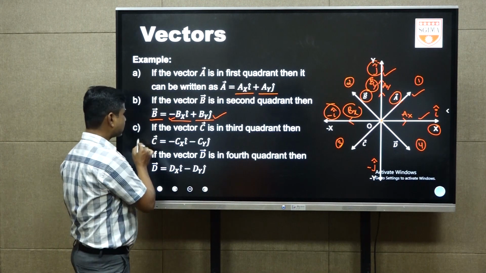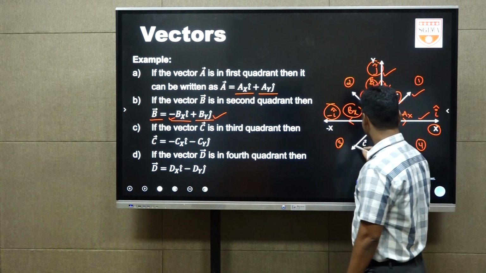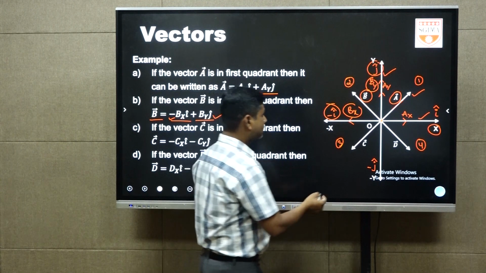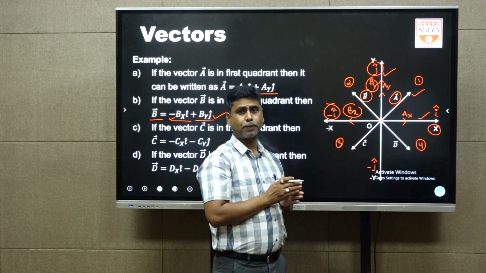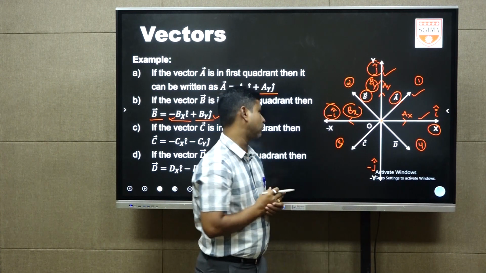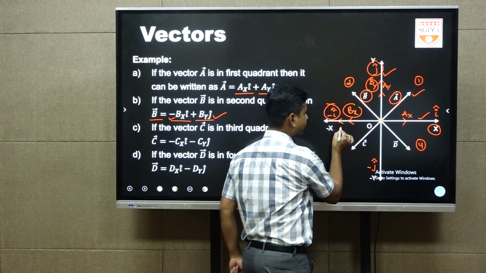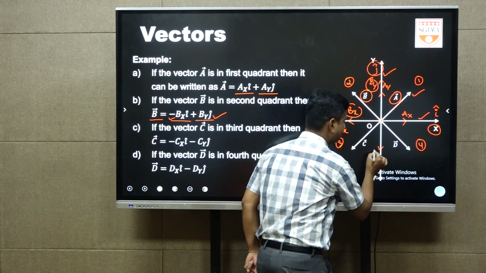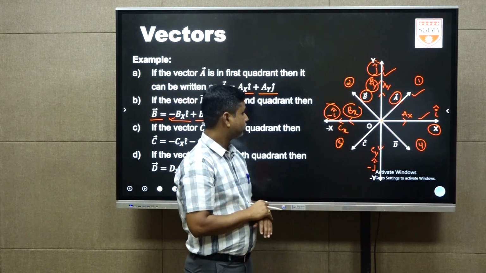Next, third one is C bar vector. If the vector C bar is in the third quadrant, then its rectangular components act in which direction? First identify that. One of the components we can take as Cx. One more we can take as Cy.